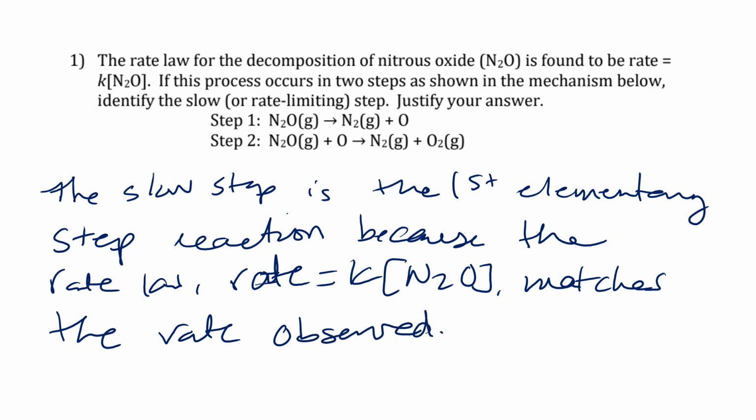When I'm talking about the rate, I'm talking about this. So basically, all it's saying is, how do you know? You know because of a slow step. So basically, because the rate law that is determined matches step 1, therefore that is the slow step. It's kind of a weird way of saying it, but yeah.